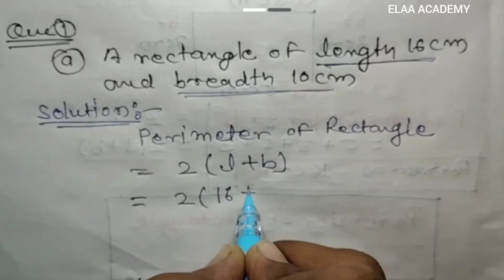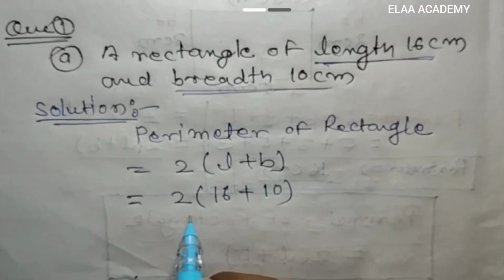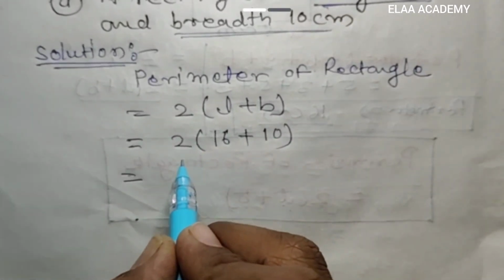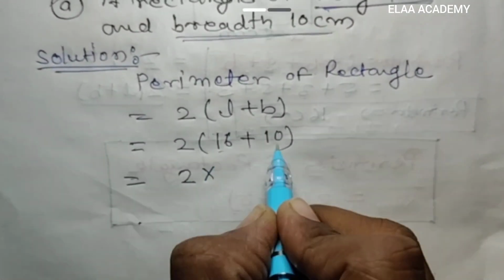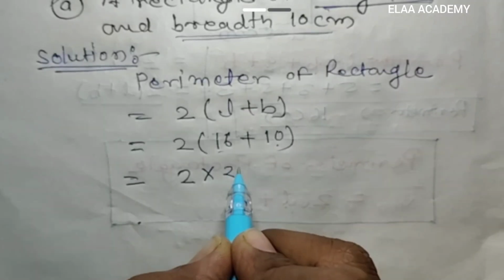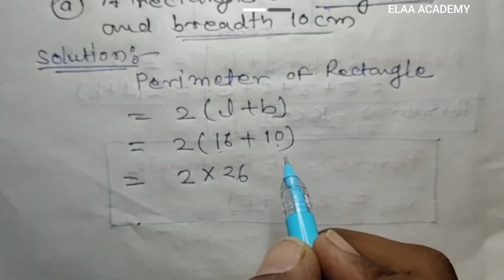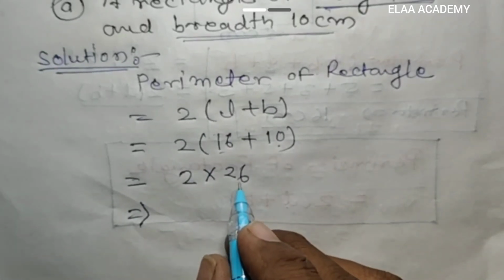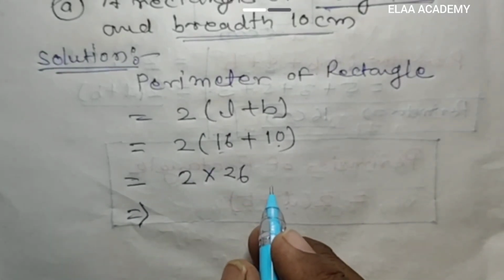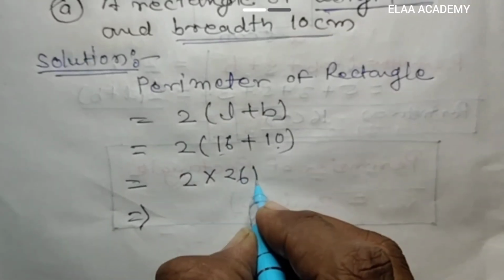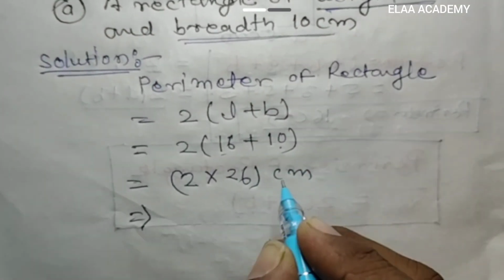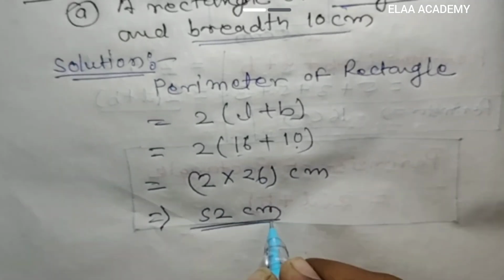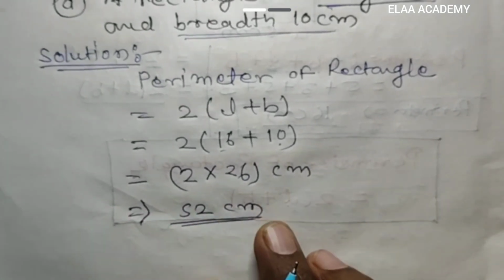So 2 multiply by (16 plus 10). 16 plus 10 will be 26. So 26 twos are 52 centimeter.